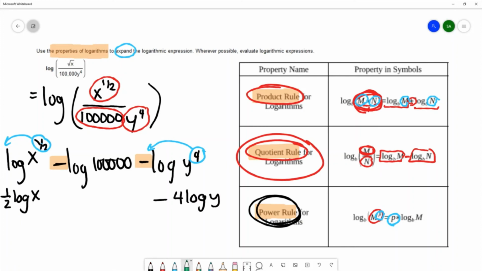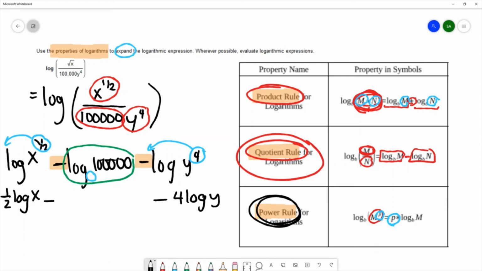That brings us to this last one here, and this last one is log of a number. And when you have log of a number, you want to try to simplify that log. In this example, we have log, and there is no subscript written here, and that means that we assume that the base of this log is base 10.